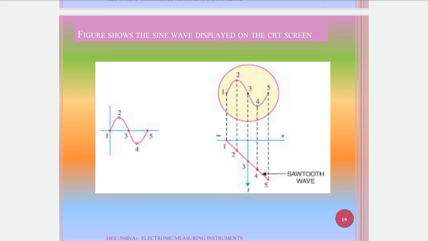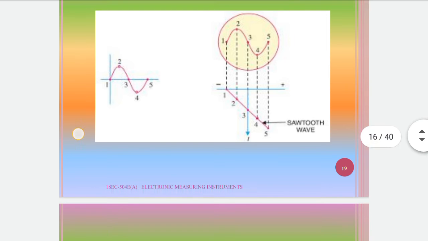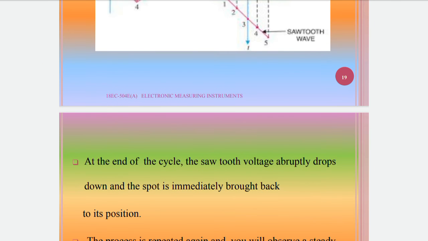Since the deflection is proportional to the voltage applied to the deflection plates, the horizontal movement is proportional to the voltage applied to the X plates at any instant. Since the ramp voltage is linear, it traces a straight line on the CRT screen. The vertical deflection is proportional to the voltage applied to the Y plates at any instant, and thus the beam moves up and down according to the magnitude and polarity of the input voltage.